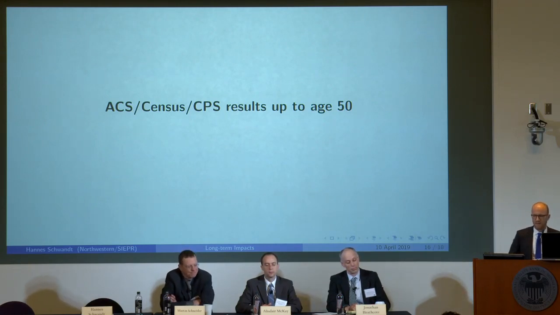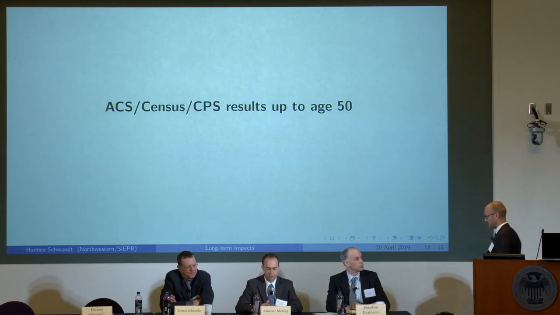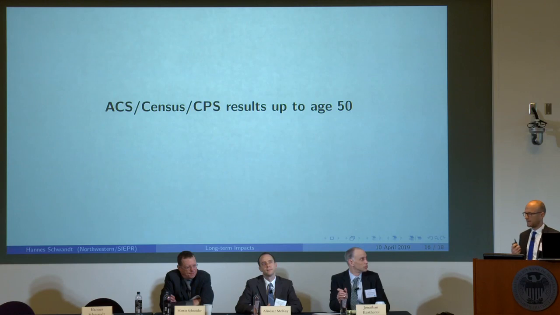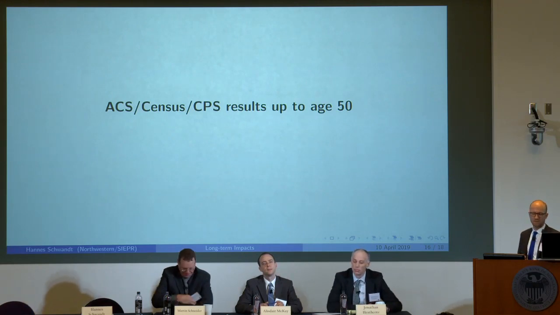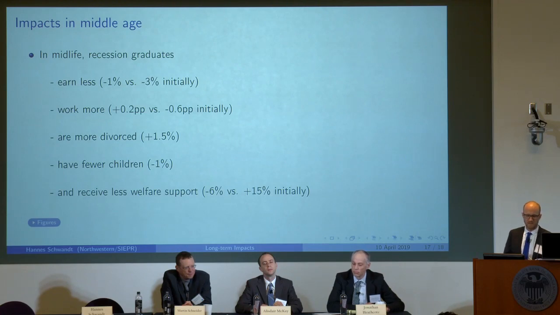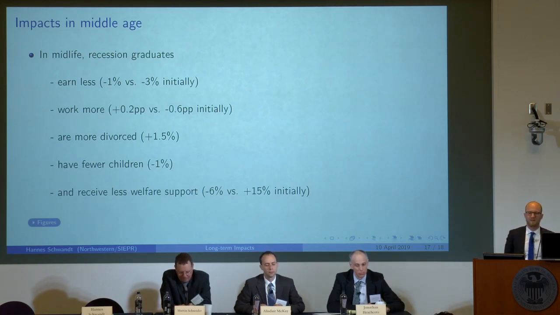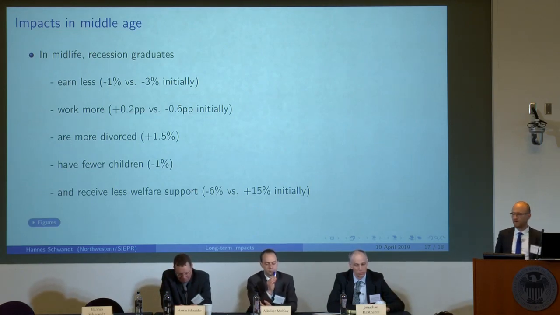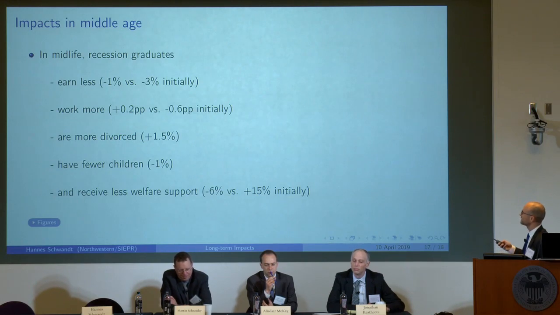Okay, so we use this extended age period to look at additional socioeconomic and family formation outcomes. And I've shown you already enough figures, so let me just summarize what we find there. We have already seen the long-term effect on earnings. There we had an initial effect of about 3%. The long-term effect is 1%.